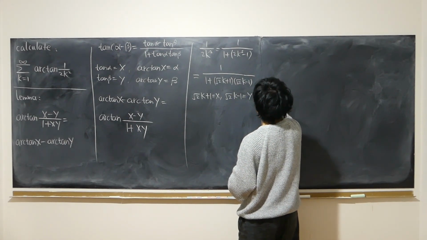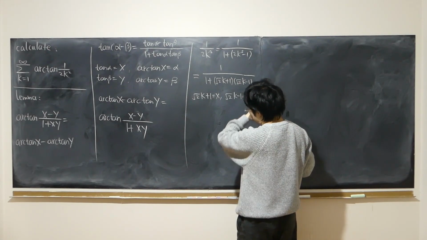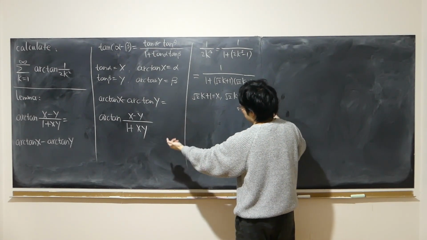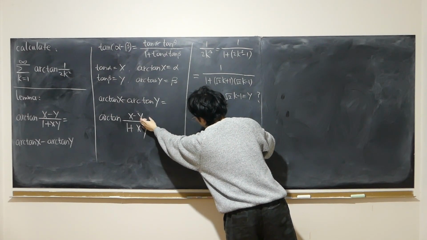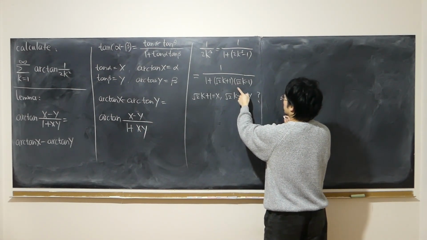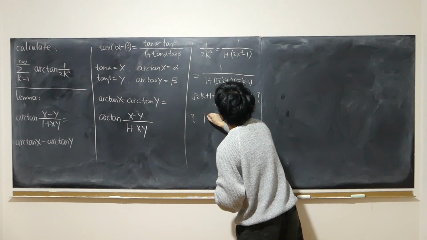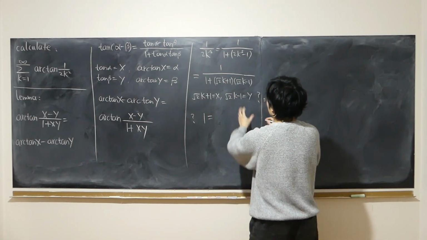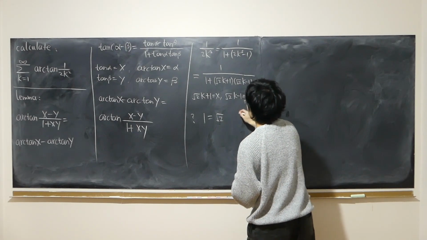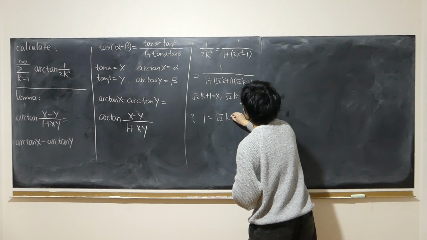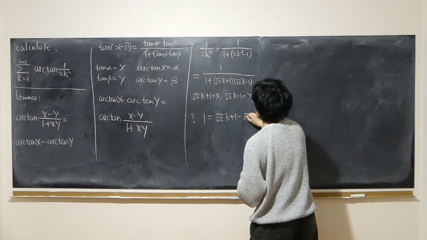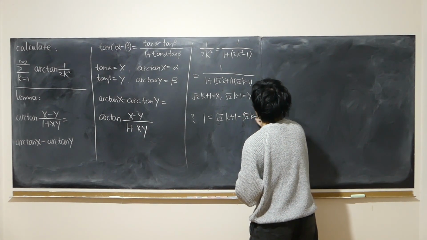If I want x minus y to appear on the top, is 1 equal to x minus y, the square root of 2k plus 1 minus the square root of 2k minus 1?